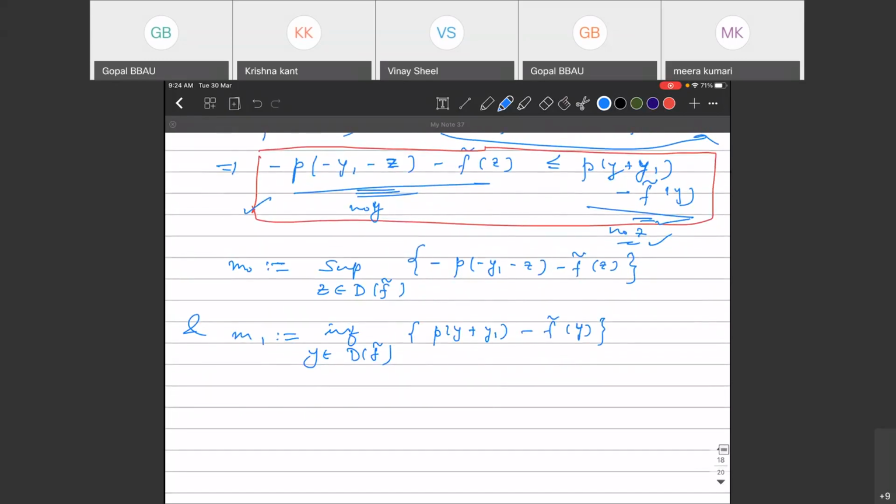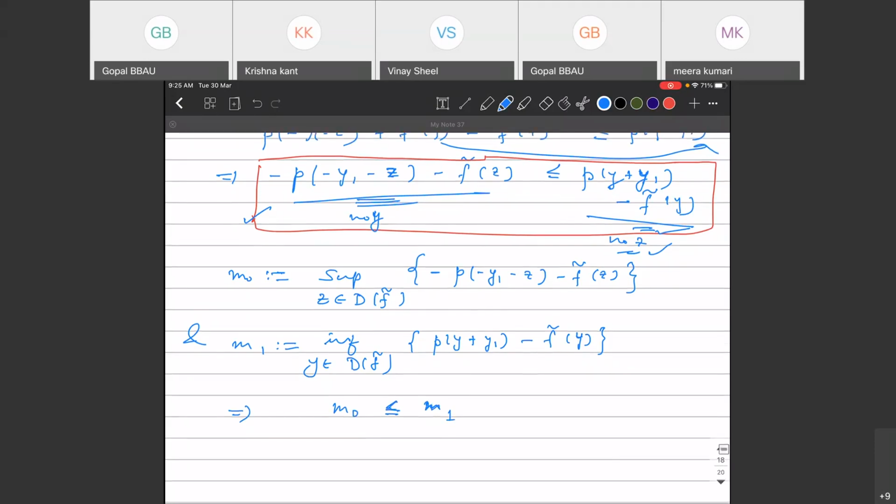Since in the left hand side there is no y, and in the right hand side there is no z, therefore m naught is less than or equal to m1. So this comes from this inequality.